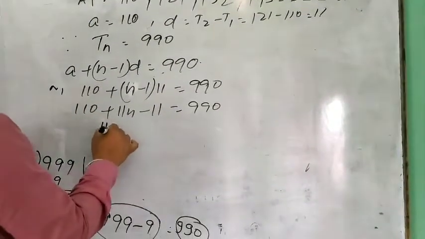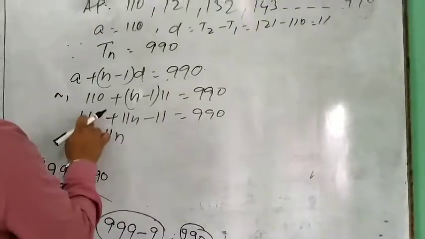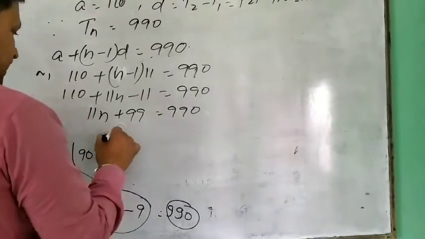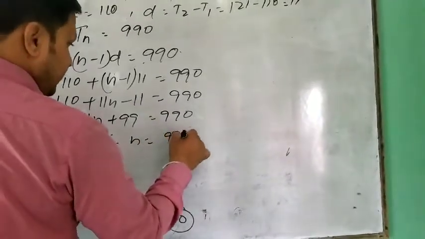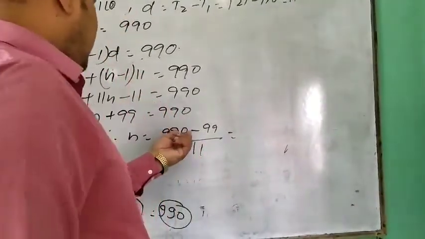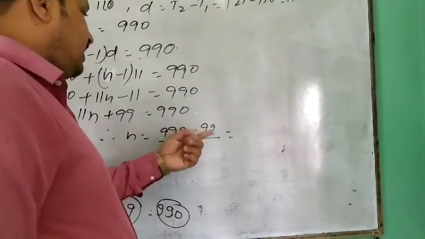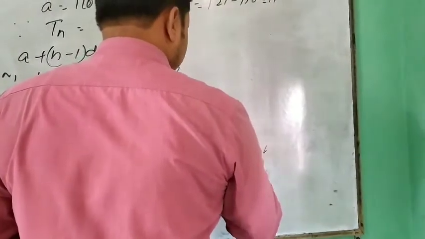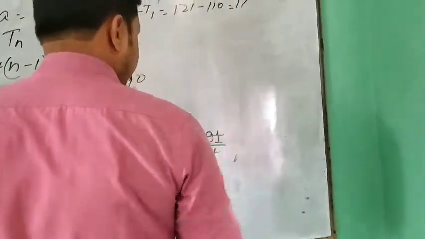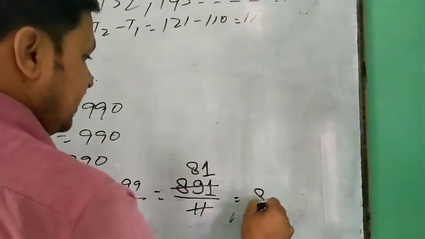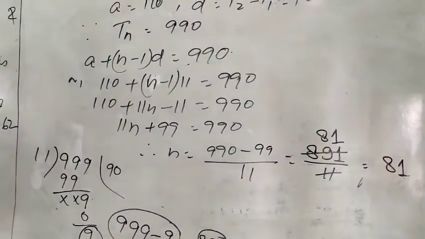Here 110 minus 11 gives plus 99 equals 990 minus 11n. So n equals (990 minus 99) by 11. 990 minus 99 is 891, divided by 11: 11 8s are 88 and 11 1s are 11, that means 81. So the number of 3-digit numbers is 81.